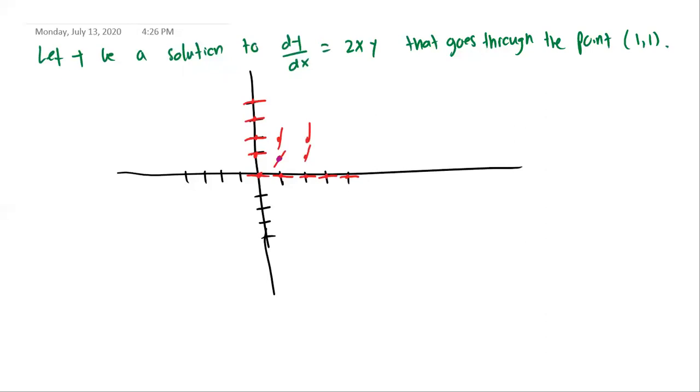Now, even though we don't know what this function looks like, there are some things that we can do. We can actually draw a rough sketch of this function. Why can we do this? Because we know how the slope is going to look at each point of the tangent line. So what you're learning in Calc 3 is that the tangent line kind of gives you a sketch of what the graph looks like.